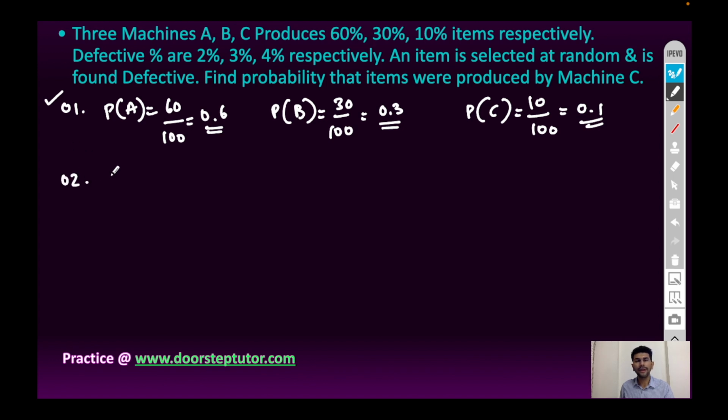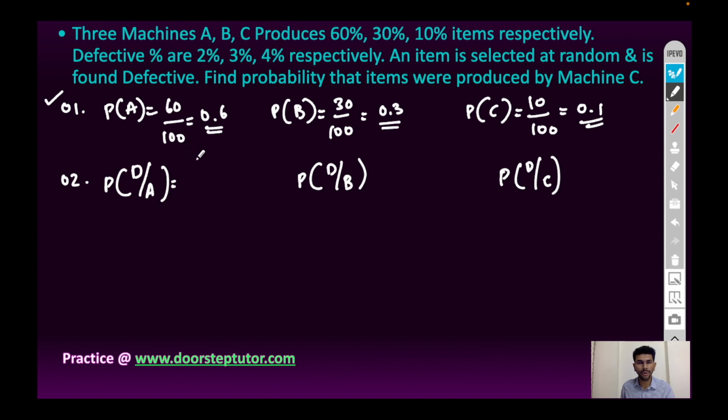Now calculating conditional probability. So the probability of selecting a defective item out of machine A, the probability of selecting a defective item from machine B, and the probability of finding a defective item produced by machine C. The defective items are 2%, 3%, and 4%. So 2 divided by 100, that is 0.02.